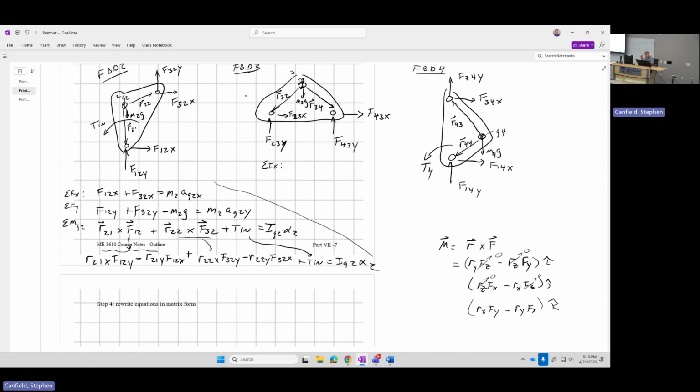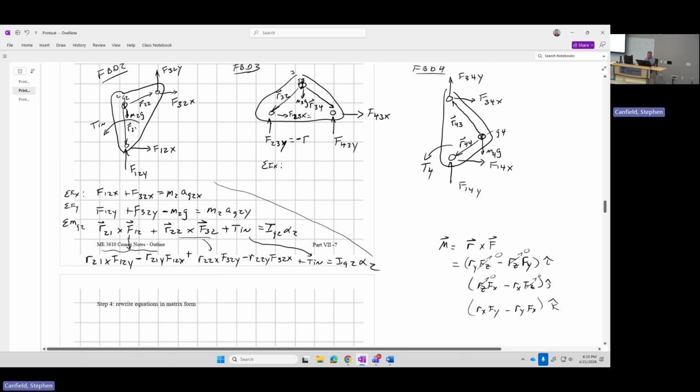I could carry them around separately. That's going to give me extra unknowns, or I can choose to keep one or the other. Let's kind of simplify and choose to keep one or the other. You can choose whatever you want, but I'm going to choose the first seen. So I'm going to keep the F32x and F32y. I don't want to carry around the F23x and F23y, so I'm going to change these out. So my F23y, I'm going to say, well, that's equal to negative F32y. And my F23x, I'm going to say that's equal to negative F32x.